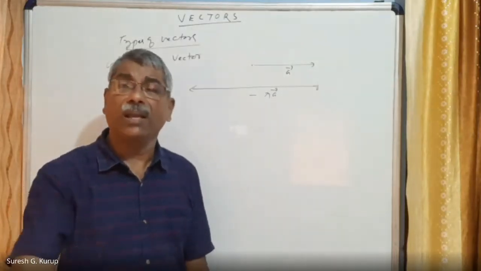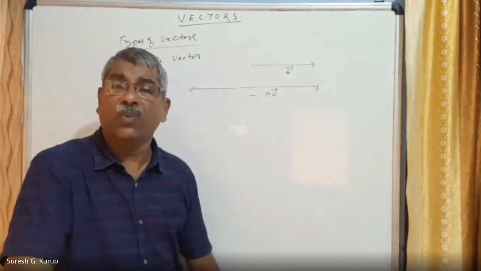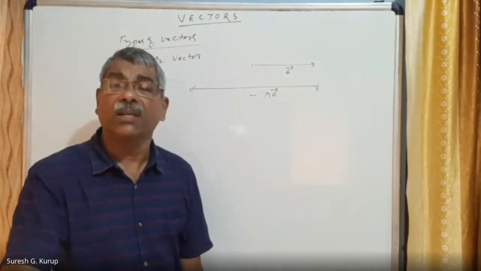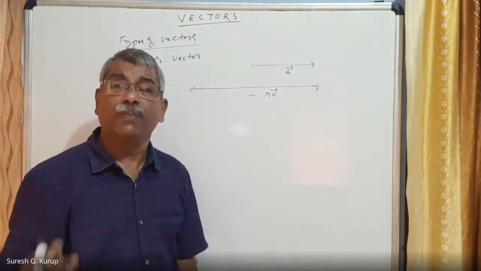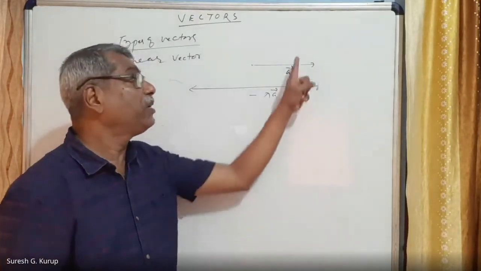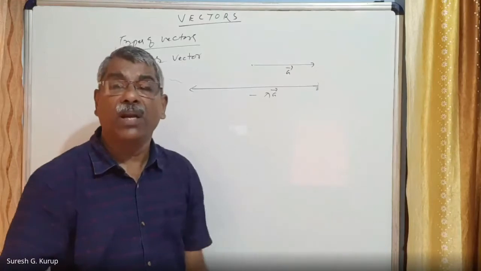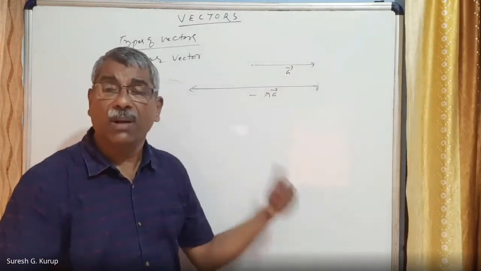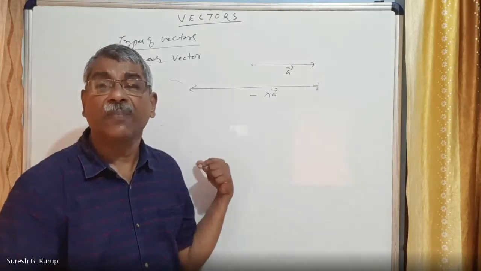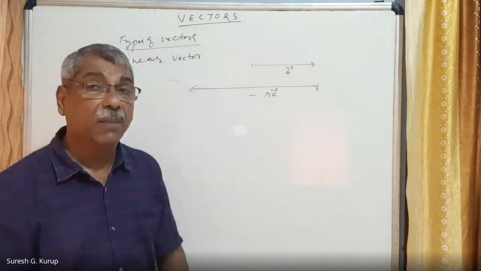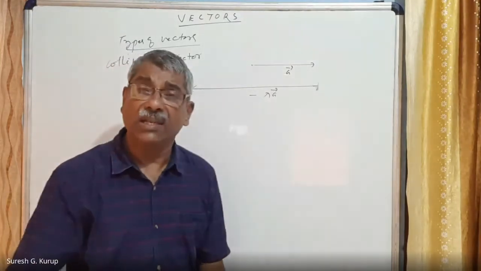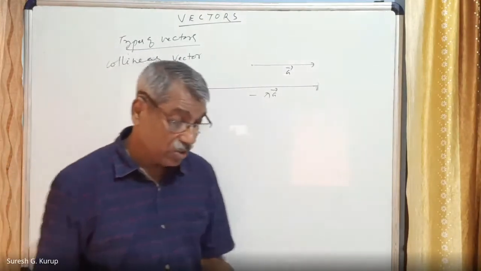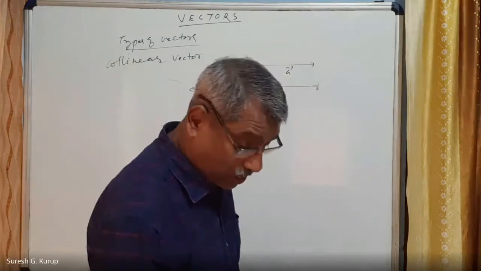Whether the number is positive or negative determines the direction. If it is positive, vector A and lambda times vector A are in the same direction. If the number is negative, the direction becomes opposite, and the magnitude changes by lambda times, but in the opposite direction.